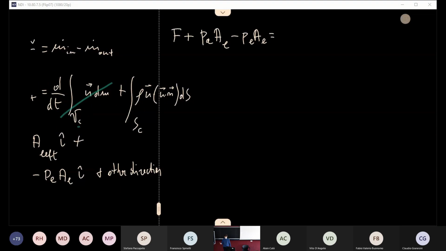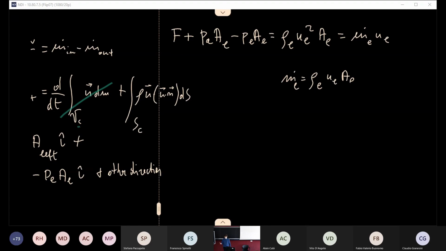If we assume constant velocity at the exit cross section, it will be rho E UE squared AE. Or if you recall that the mass flow rate can be identified as rho E UE AE. And so this is a different way to get the same result, but in this case for a fluid characterized by given pressure.